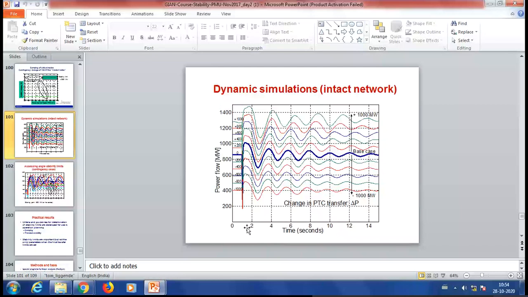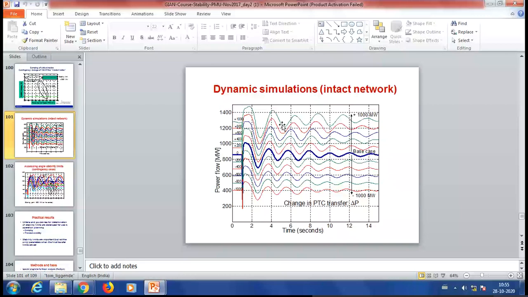Let's say the disturbance takes place at 5 seconds and the oscillation has not decayed. Then these oscillations may further increase in amplitude. Then it will be difficult for the controller to damp them out. The system operator may not be able to apply an effective control, and in that case, the generators may trip.